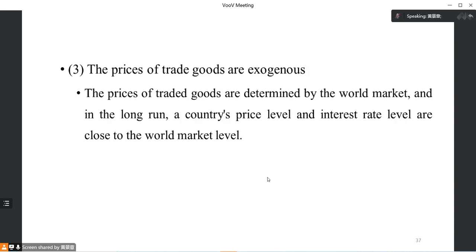Three, the prices of trade goods are exogenous. The prices of trade goods are determined by the world market. And in the long run, a country's price level and interest rate level are close to the world market level.